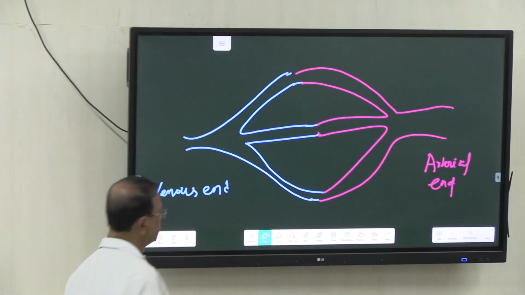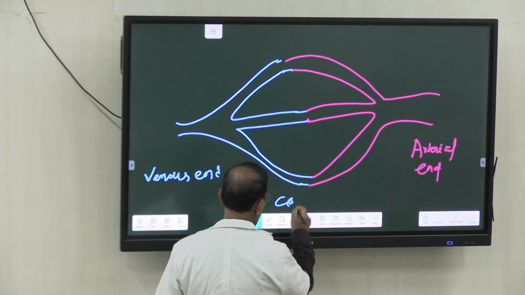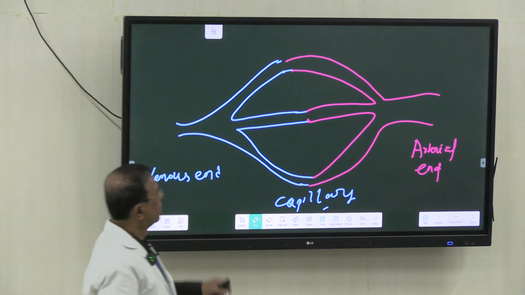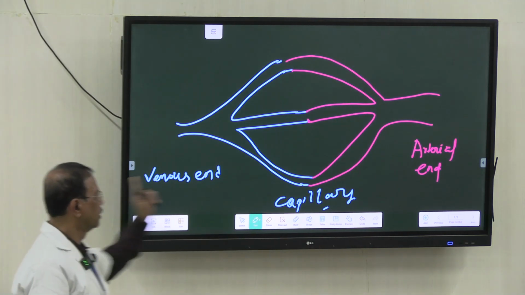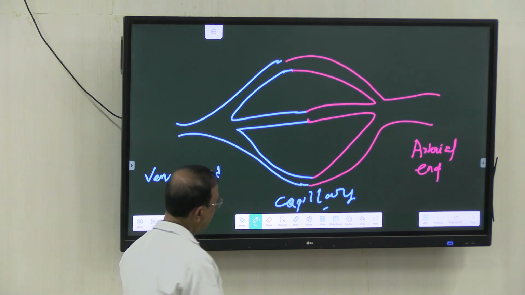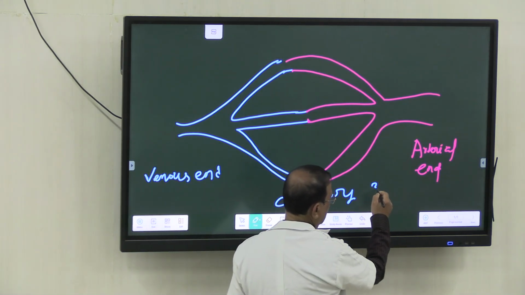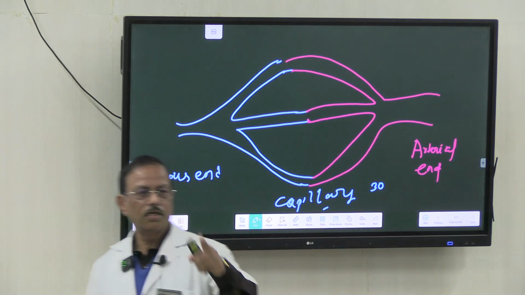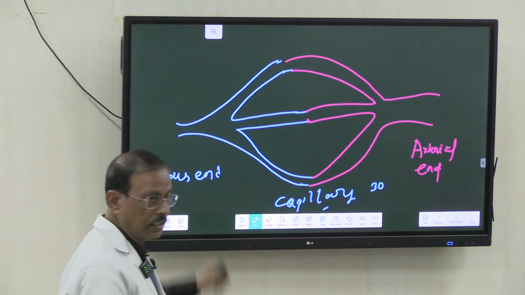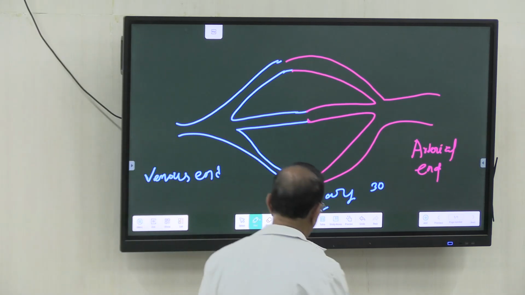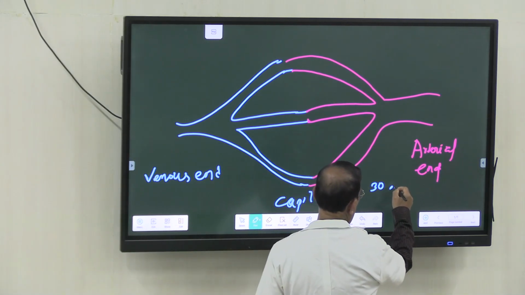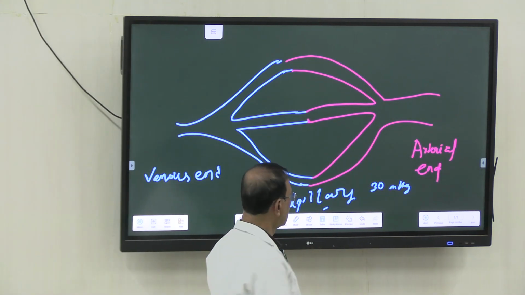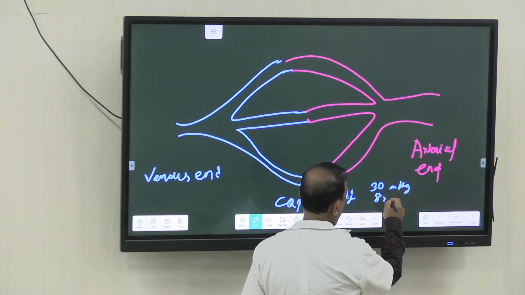Okay, this is a capillary. This is the venous end, that is the arterial end. Here, blood pressure remains 30. What is the normal blood pressure? It is 120 by 80. But when it comes to the capillary region, it goes down. The effective pressure is 30 millimeter of mercury. Hydrostatic pressure 8 millimeter of mercury.